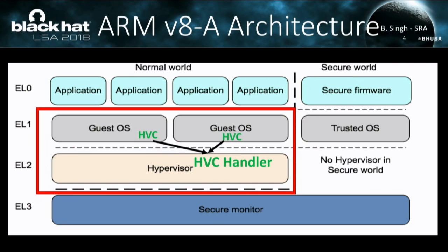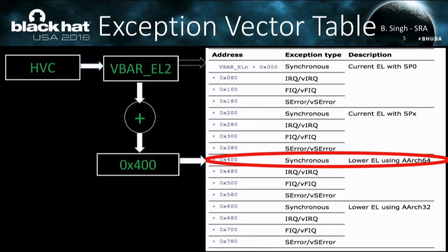The moment any exception occurs, the CPU executes its corresponding handler code. The location where these handler codes are stored is called the exception vectors, and these vectors are stored in a special table called the exception vector table. Every exception level has its own vector table. So EL1 will have its own, EL2 will have its own, and similarly EL3.